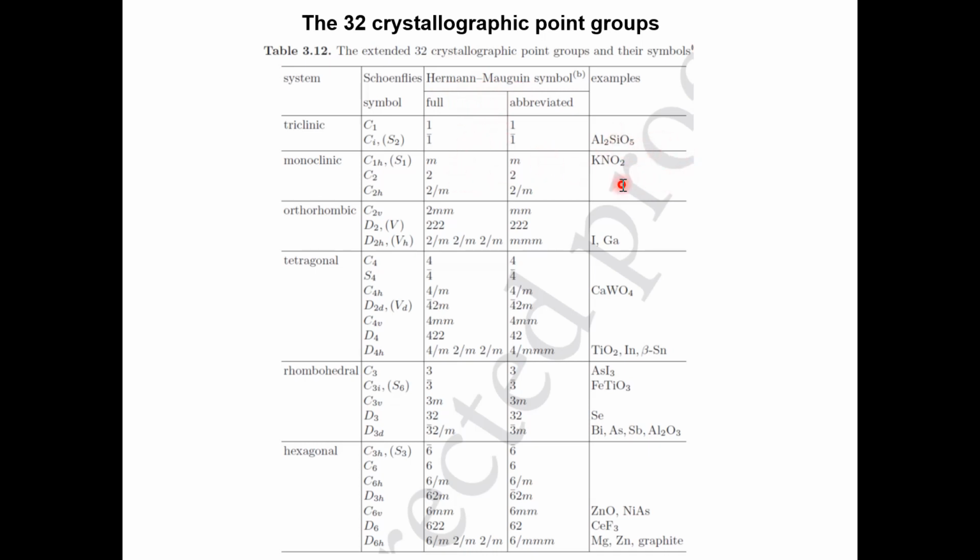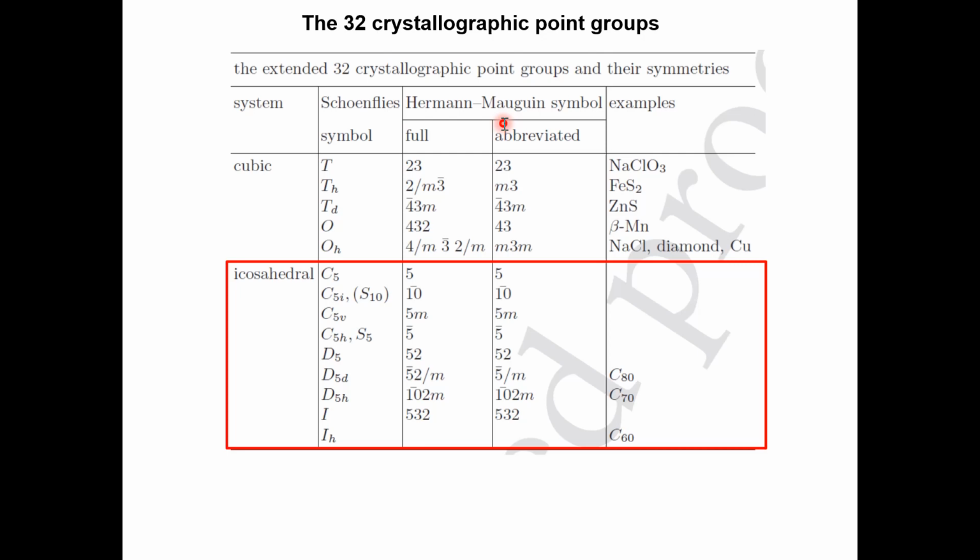In the last column of the table, you have different crystals that belong to, or have, these corresponding point groups. So this is a useful table: the 32 crystallographic point groups, and here also the cubic groups.